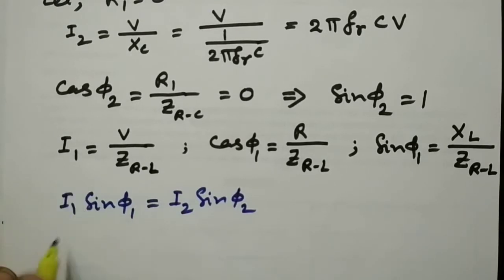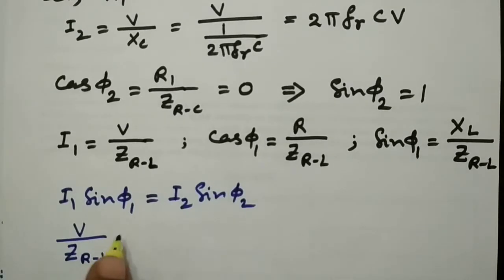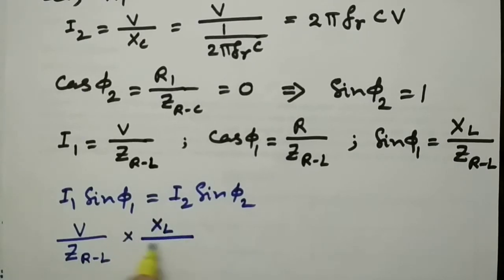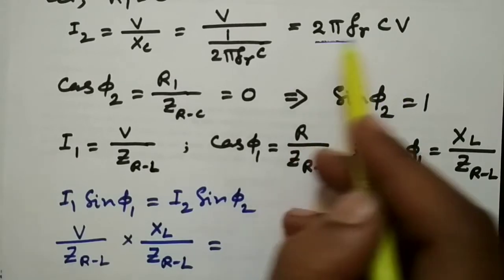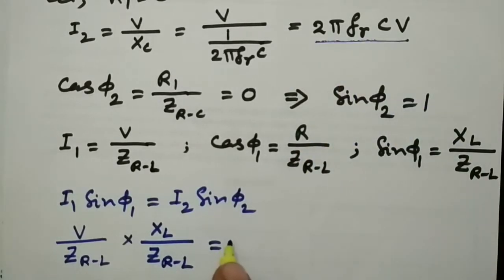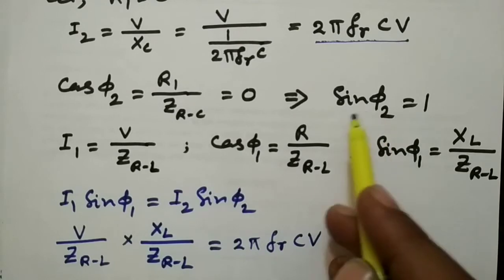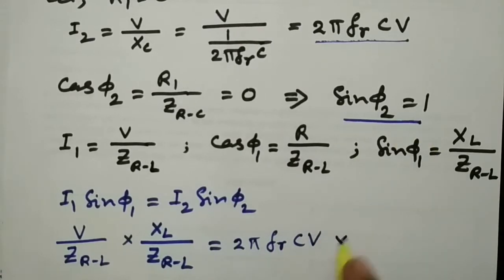Instead of I1 it will be V upon Z of RL, sin phi 1 will be XL upon Z of RL, I2 is equal to 2 pi FRC into V, and sin phi 2 is equal to 1.